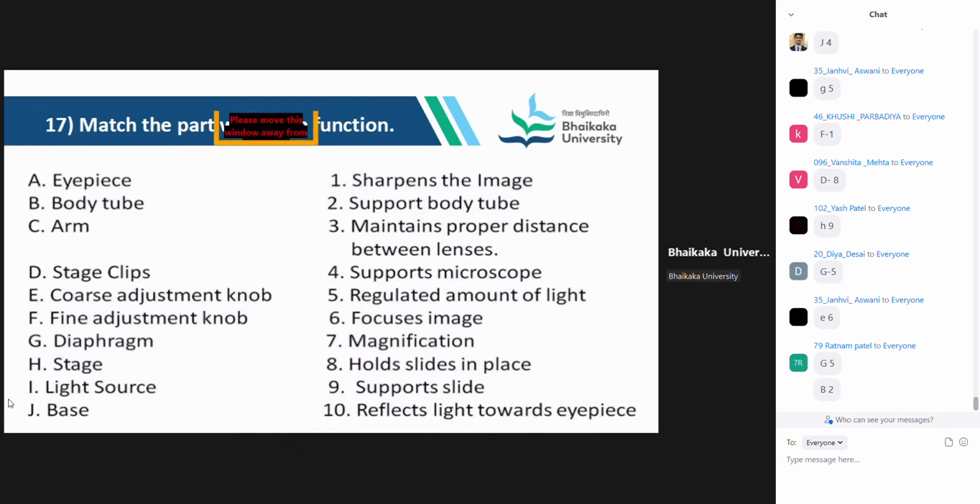The body tube will reflect the light towards the eyepiece. The arm is to support the body tube.